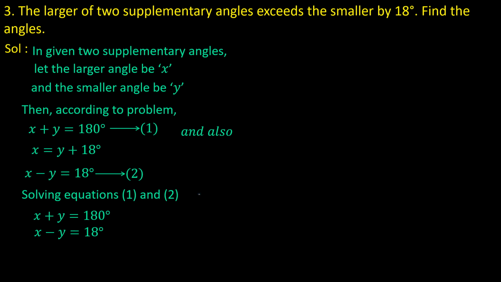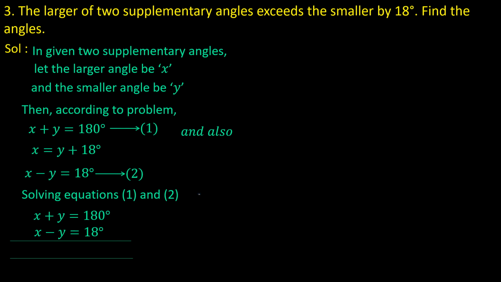So we can either add these two equations or subtract them. If we add the two equations, then y will be eliminated, and if we subtract them, then x will be eliminated. Here I am adding the equations, so there is no need to change the signs in the second equation.